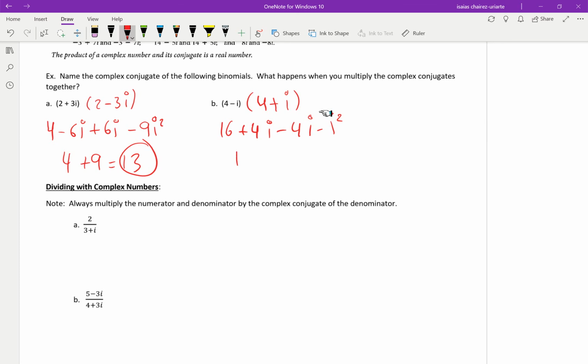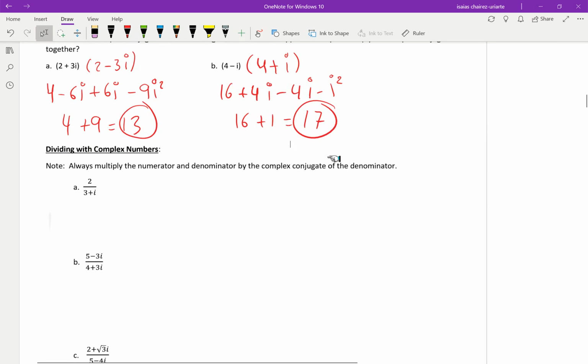This just becomes 16 plus 1, so that's 17. So anytime you multiply a complex number times its conjugate, the result is a real number. That's useful. That's what's going to help us divide complex numbers.